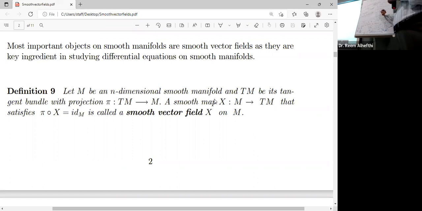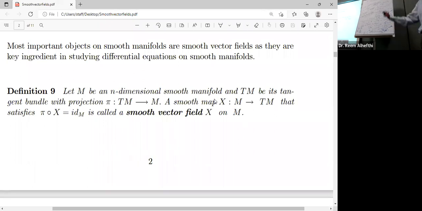First condition: X of lambda F plus mu G equals lambda XF plus mu XG, for lambda, mu in real numbers. And derivation, that is X acting on the product is equal to XF times G plus F times XG.